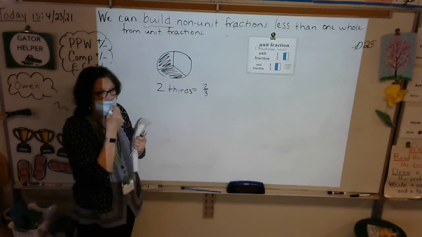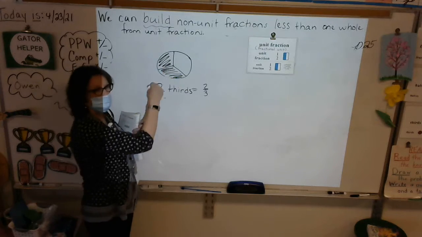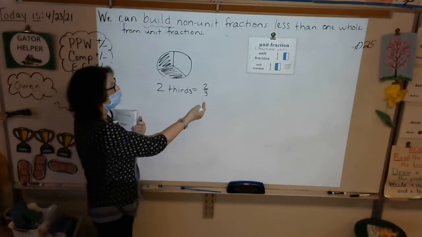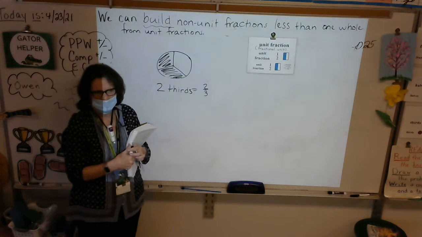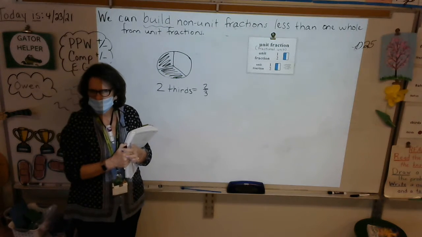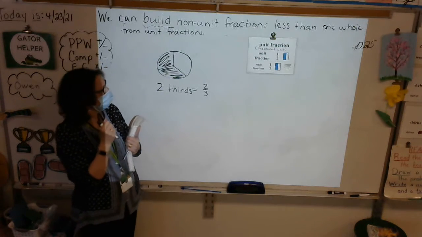Now remember, the 2 at the top, the numerator represents what? How many we are shading, how many we are counting. The denominator didn't change. You tell me why the denominator didn't change. Only the numerator changed. Cam, why didn't the denominator change?